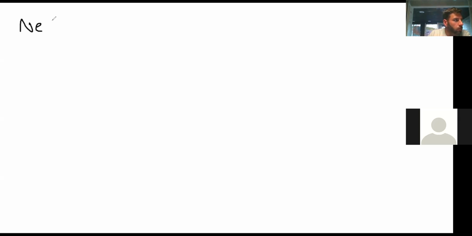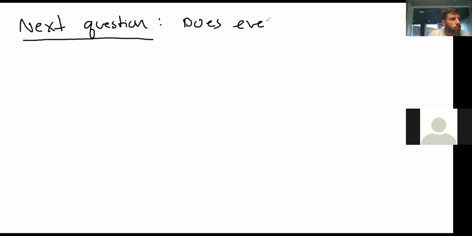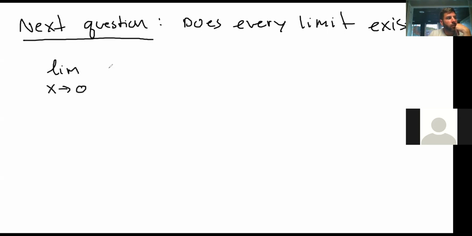So, does every limit exist? For example, the limit as x goes to 0 of 1 over x. What does that equal? How about the limit as x goes to 0 of the absolute value of x over x?